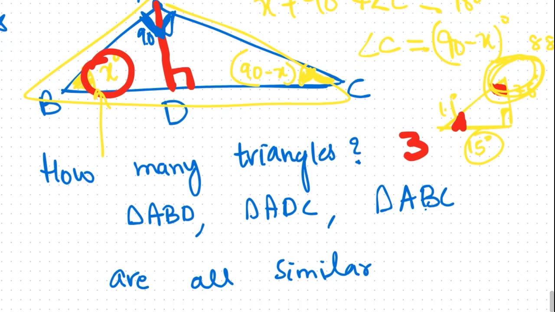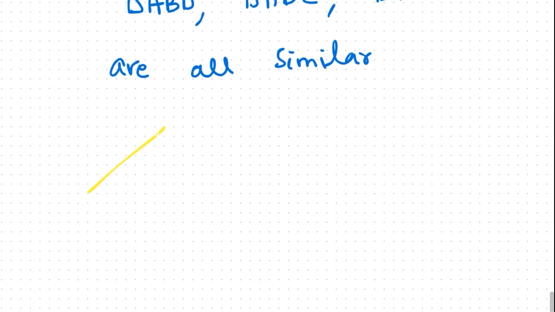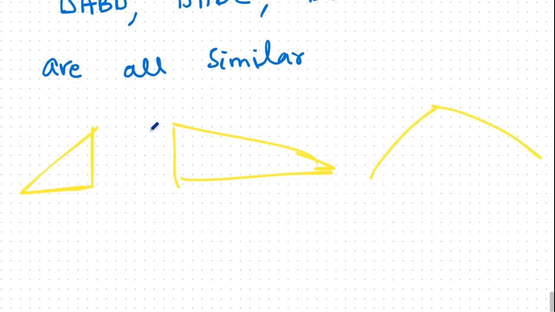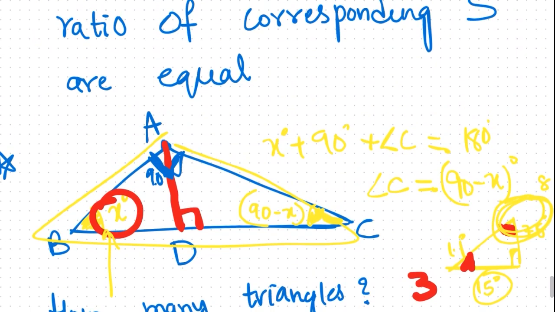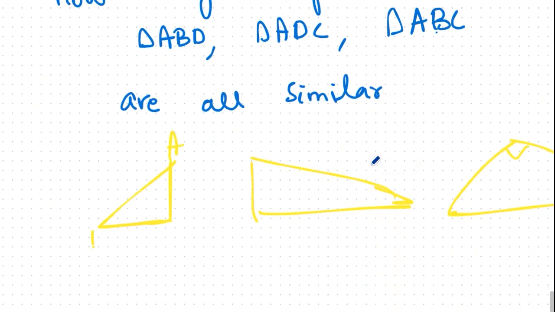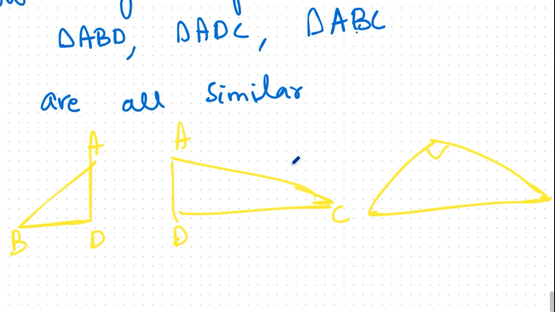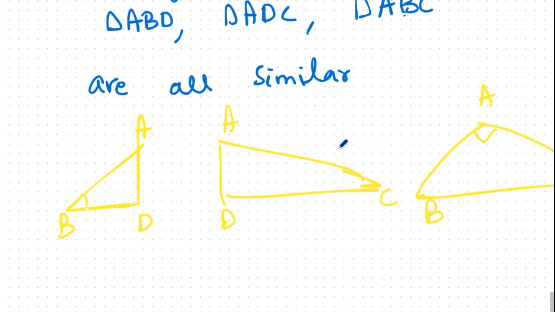Let's draw them individually. This was the left triangle, this was the right triangle, and the bigger one was like this. Let's label the vertices as well: this is A, B, D; this is A, D, C; and this is A, B, C. Let's say this is x degrees.